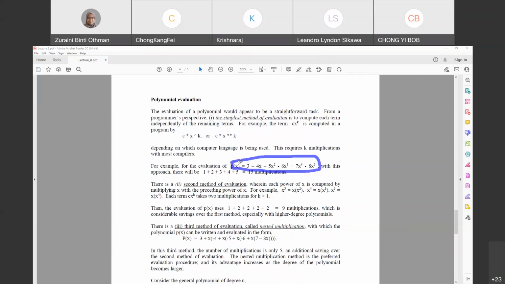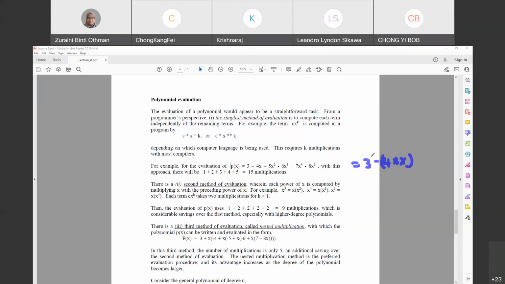Okay, kalau kita guna yang biasa kan, kita buat PX, kita nak kira, kita buat 3 tolak 4 darab, selalunya kita guna calculation kan, kalau kita coding kan, kita buat code kan, sama juga dengan 3 tolak 4 darab X, macam ni kan.